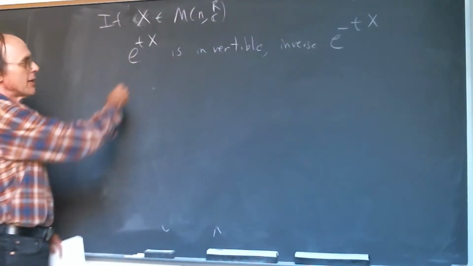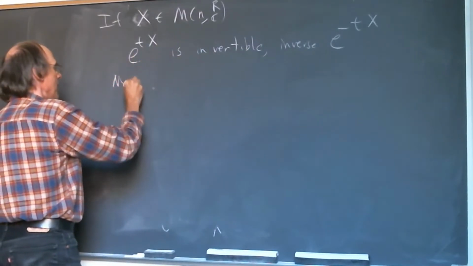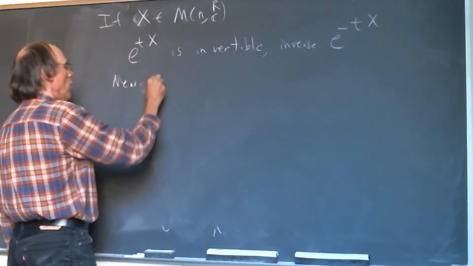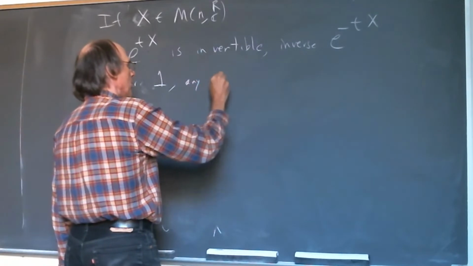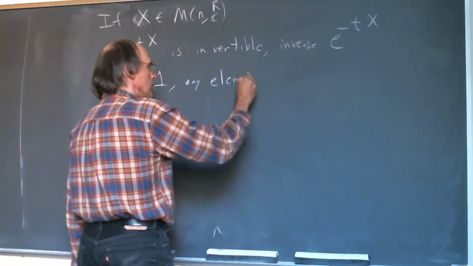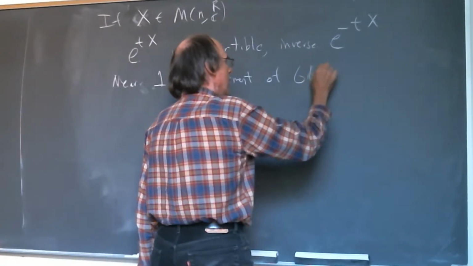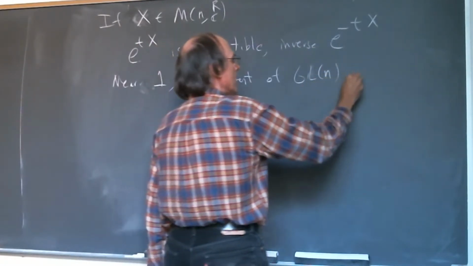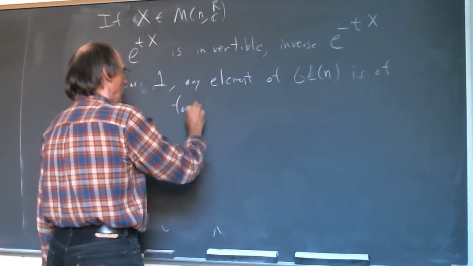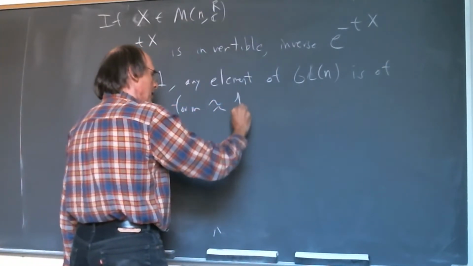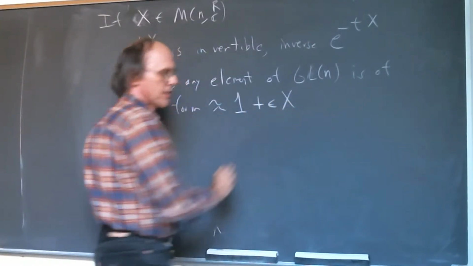But the other thing you might want to show is that near the identity, near one, any element of GLn for R or C is of the form approximately the identity matrix plus some small number times x.